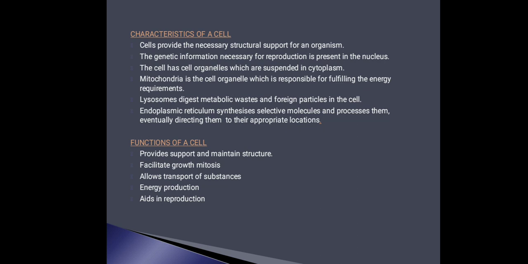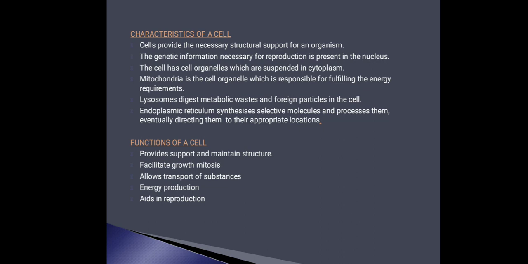Mitochondria is a cell organelle responsible for fulfilling the energy requirements, and lysosomes deal with metabolic wastes and foreign particles that enter the cell. The endoplasmic reticulum synthesizes selective molecules and processes them, eventually directing them to their appropriate locations.